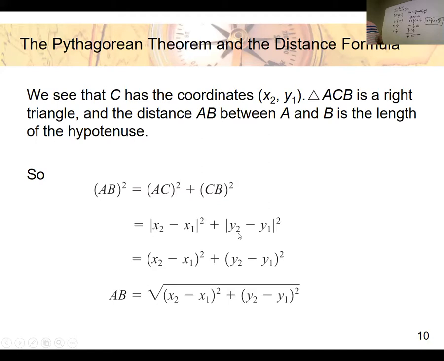From C to B, that's y2 minus y1, and that's squared. Well, anything squared would be positive, so this would be (x2 minus x1) squared plus (y2 minus y1) squared. And then since AB is squared, we take the square root of that on both sides. So this is the distance formula from A to B.